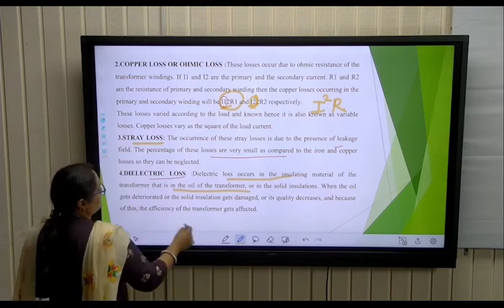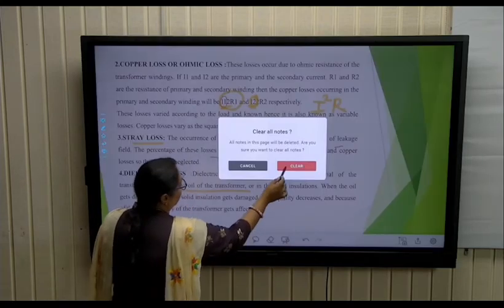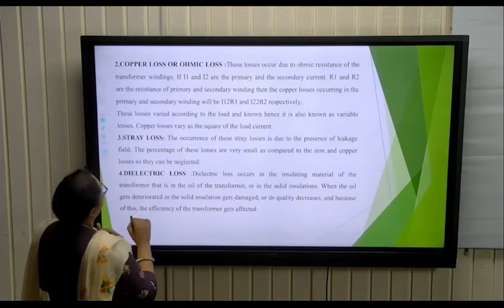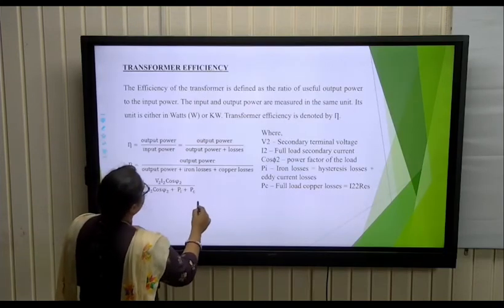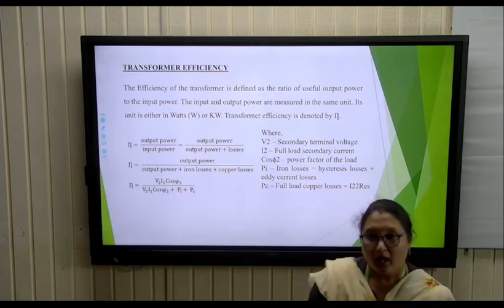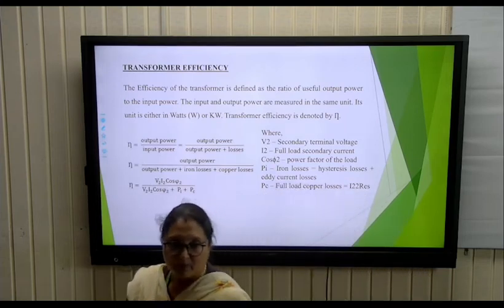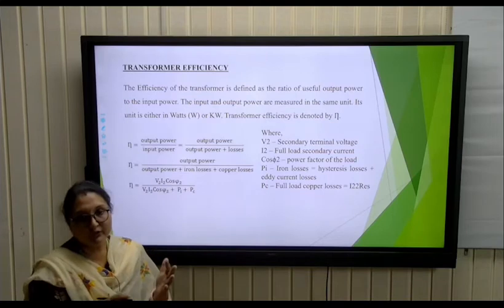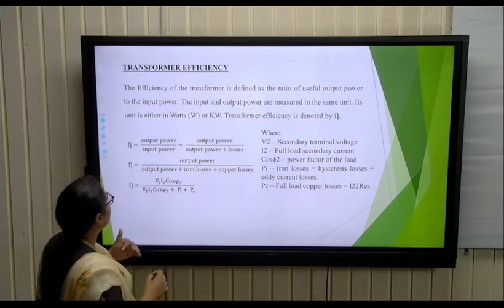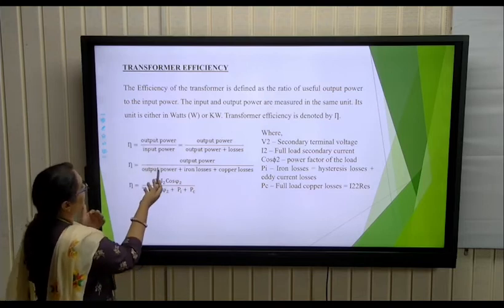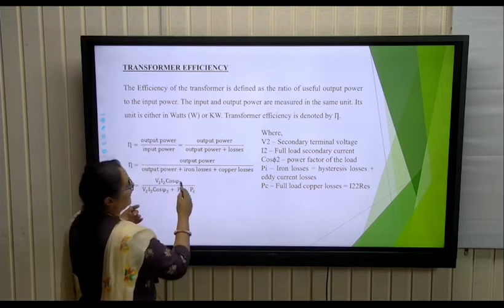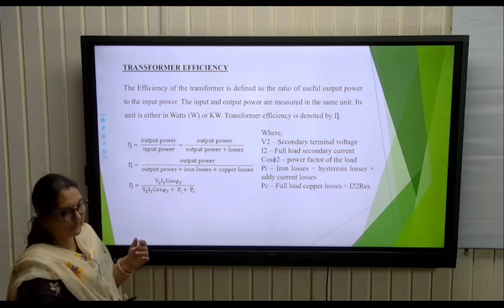Based on this we can calculate the efficiency, which is another important parameter of a transformer. As you know, efficiency means output power to input power. So in the case of a transformer also, we calculate the output power and the input power. This is the formula for the efficiency: output to input power, and we can write input as output power plus losses.